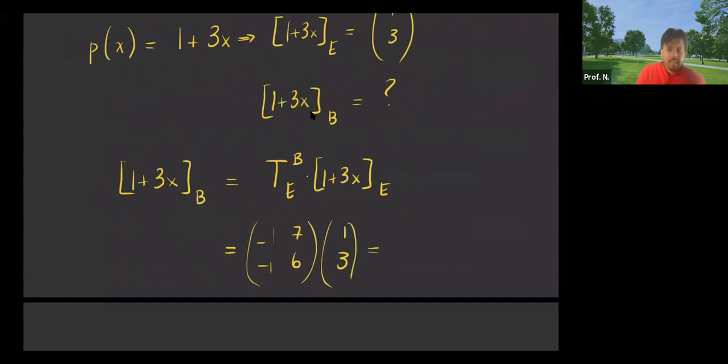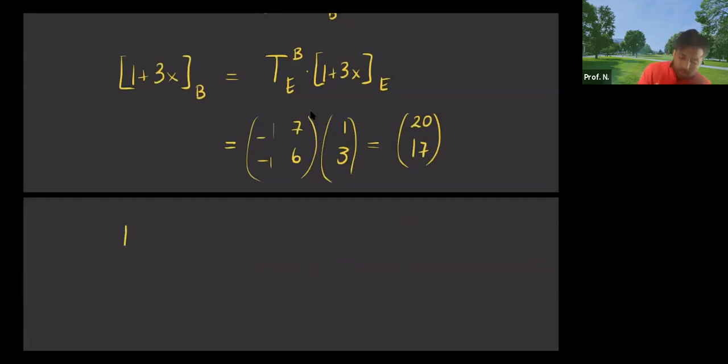And when I do this, I get the coordinate vector of the polynomial relative to the new basis. So it will equal 20, and then 17. Do you guys understand this now? So 1 plus 3x is equal to 20 of these, 6 plus x, and then you're going to add 17 of these, -7 plus x.